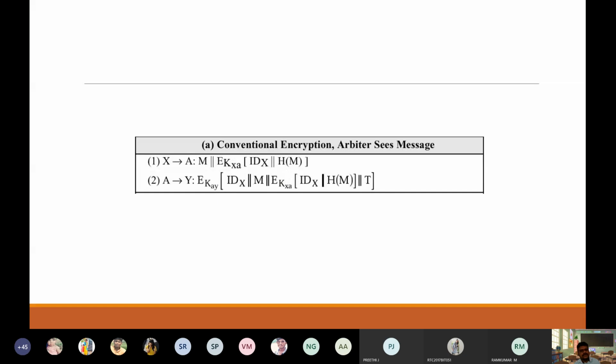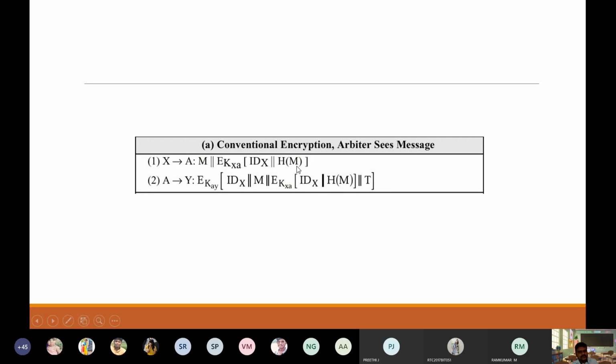After verifying, the arbiter forwards your message to the receiver. Receiver is Y. The message contains EKA, HM which is the hash value of the message, and IDX, the ID of the particular sender.